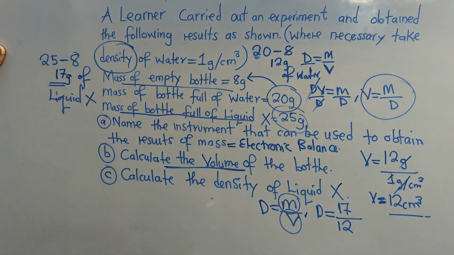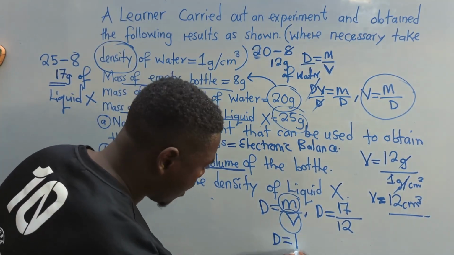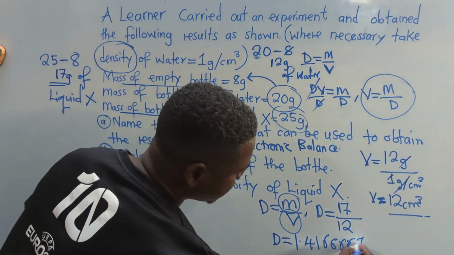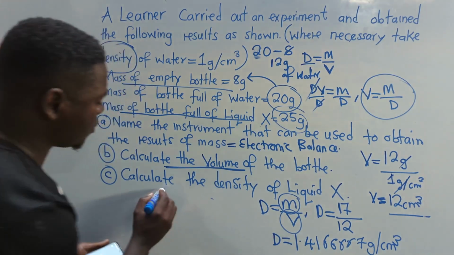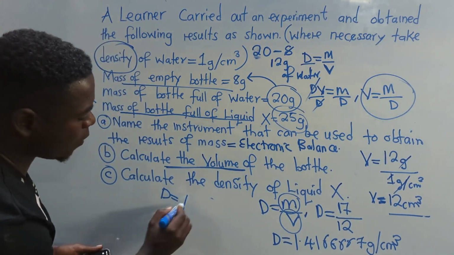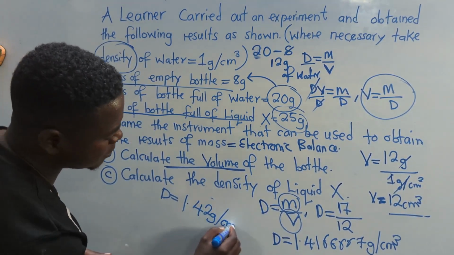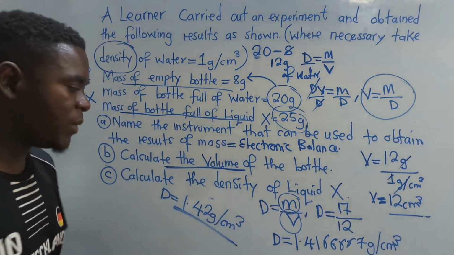When you say 17 divided by 12, the answer that we are getting, density is now equal to 1.41666667 grams per centimeters cubed. Where you are just going to say density is equal to 1.42 grams per centimeters cubed. So this one that is here, this is the density of liquid X.